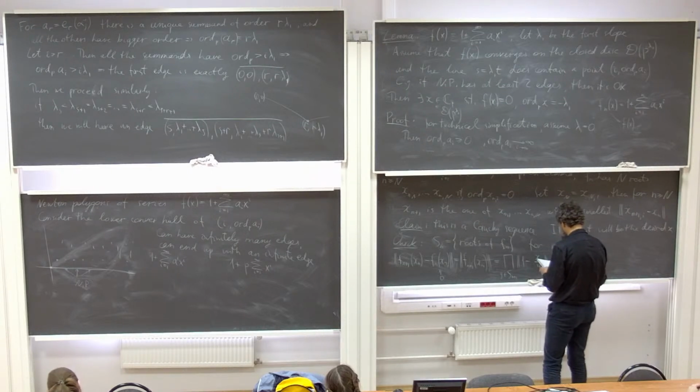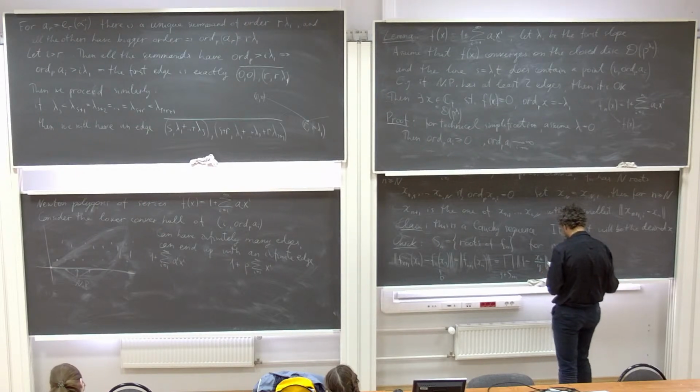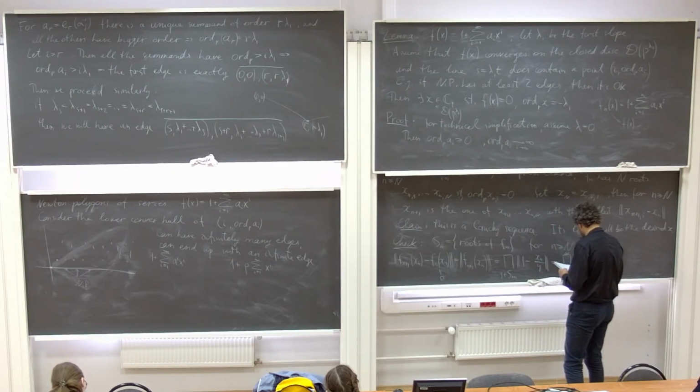Okay. Now this is the product from i equals 1 to capital N of 1 minus x_n over x_{n+1,i}.